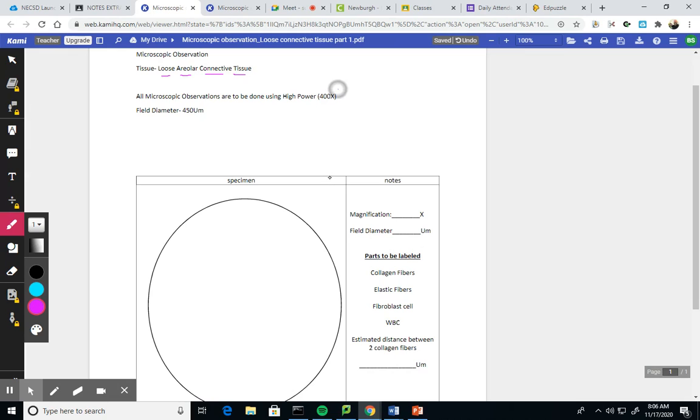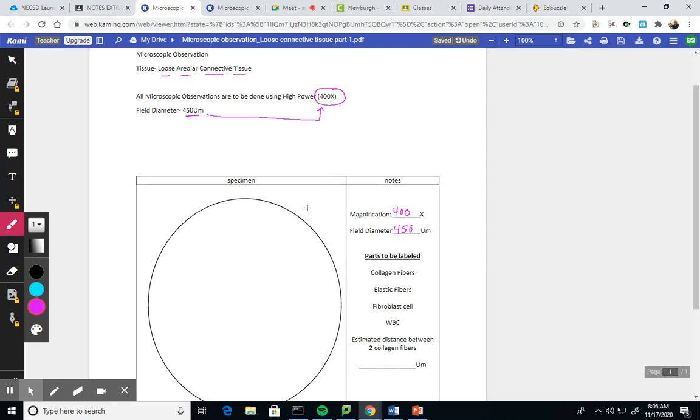We're going to be looking at this at a magnification of 400x with a field diameter of 450 micrometers. And that's always the field diameter for this lens, right? We established that.